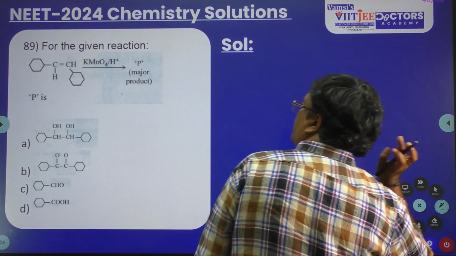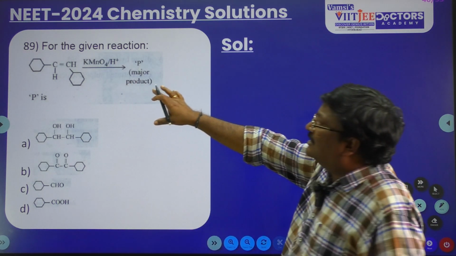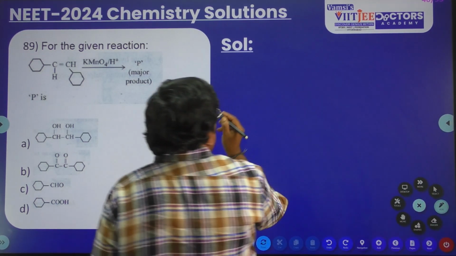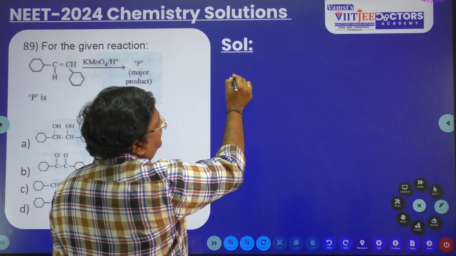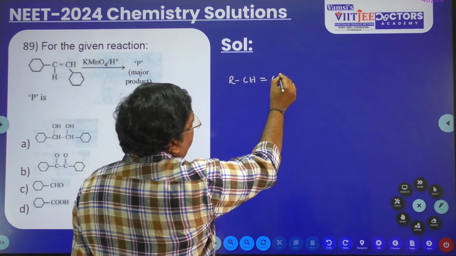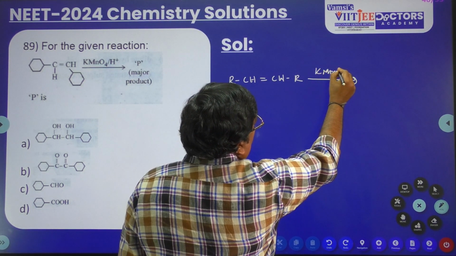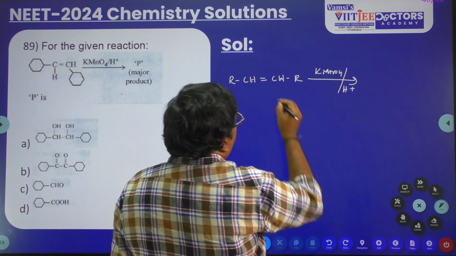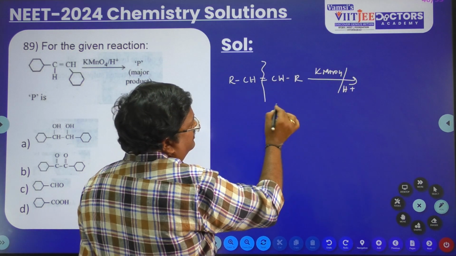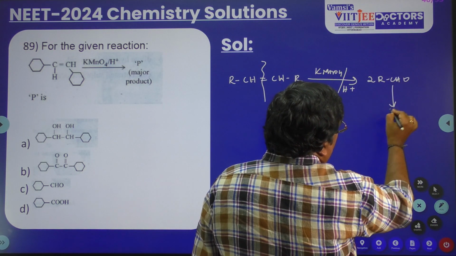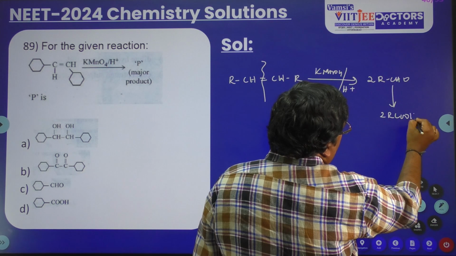Here, next question. Again, it is based on organic chemistry alkenes. In organic chemistry, when we treat RCH with KMnO4 acidic medium, cleavage occurs. This turns into aldehyde. Later it turns into carboxylic acid.